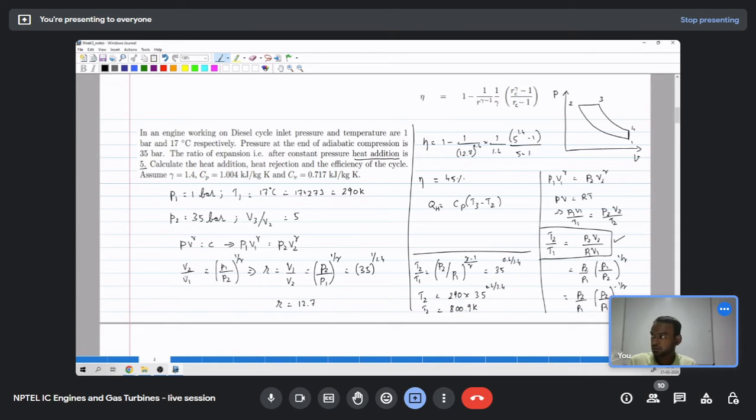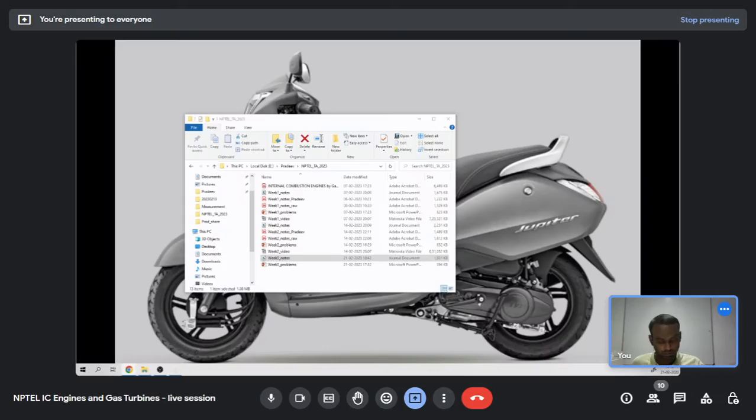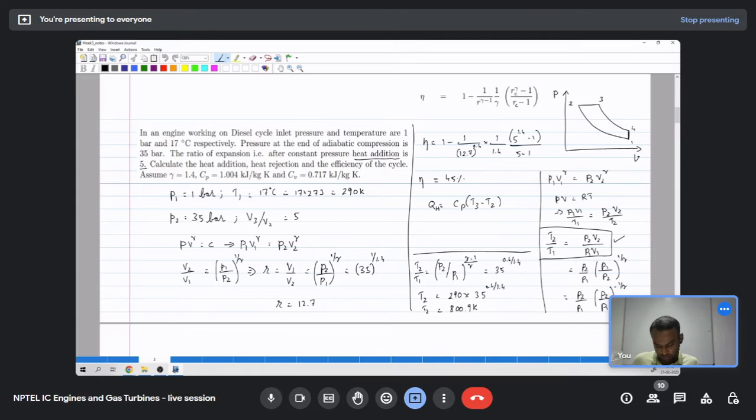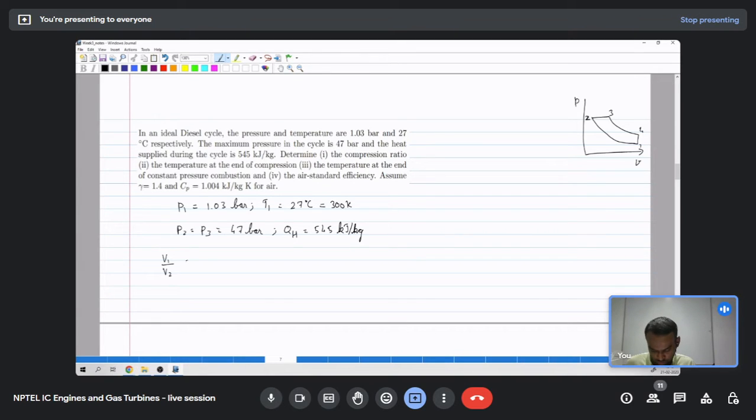So from this expression, V1 by V2 is equal to P2 by P1 power 1 by gamma, I can calculate the compression ratio.